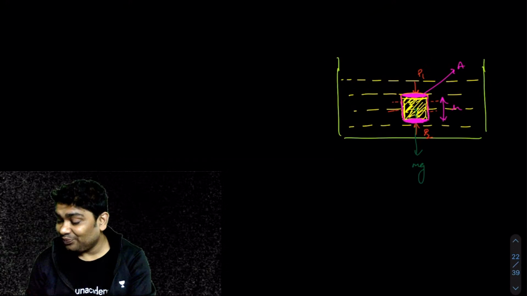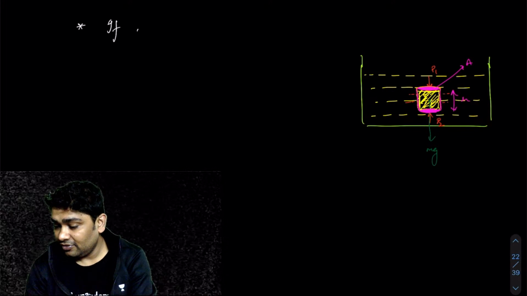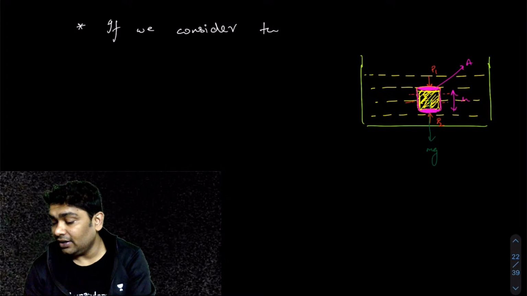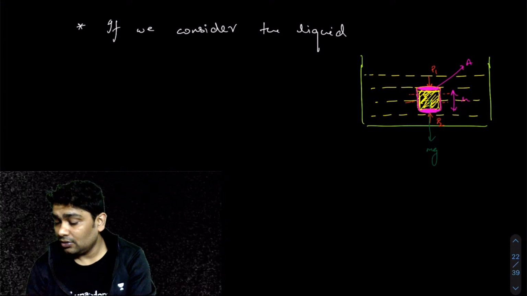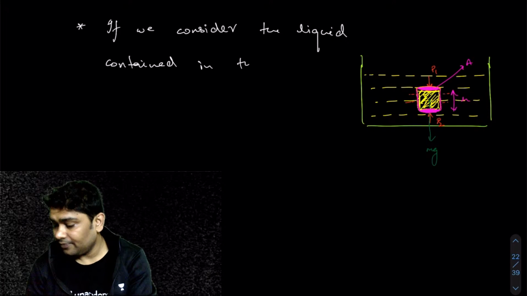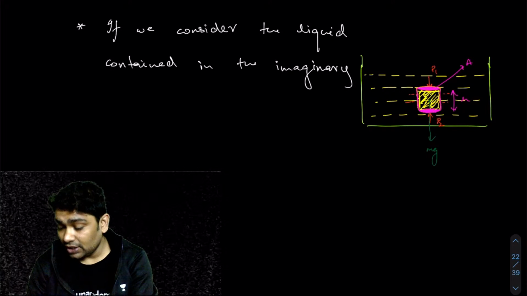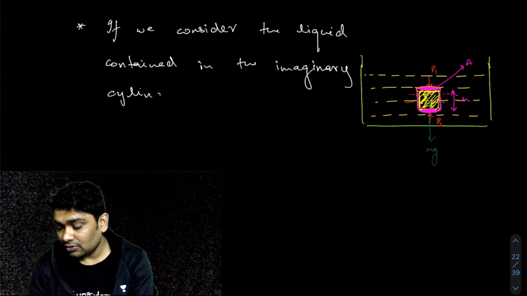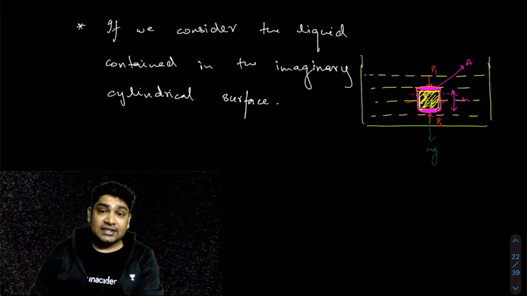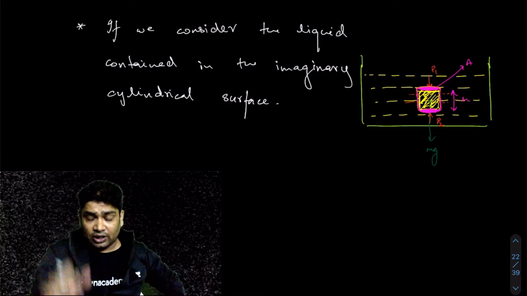So now, if we consider the liquid contained in the imaginary cylindrical surface, what you realize is that this liquid is in equilibrium, because overall you don't see the liquid moving up or down, right?